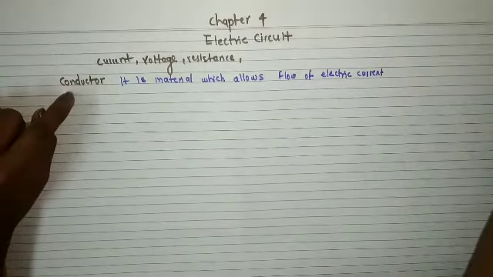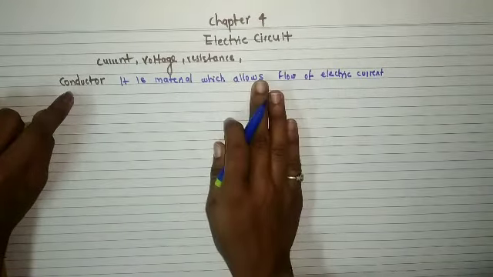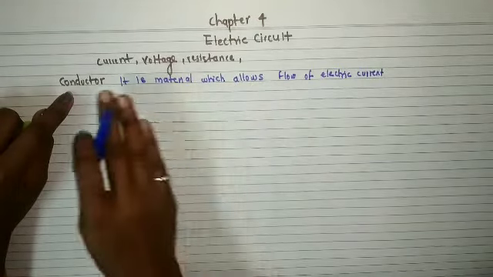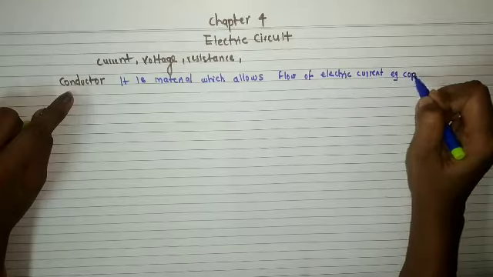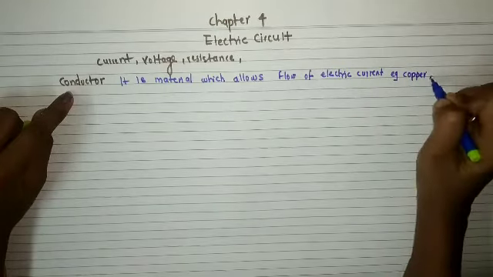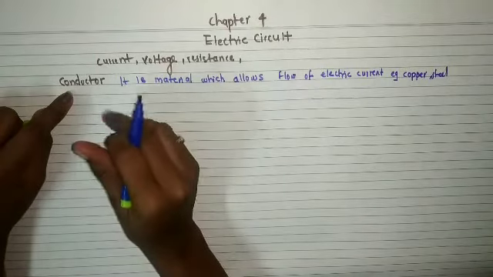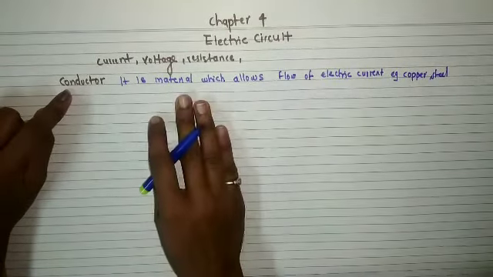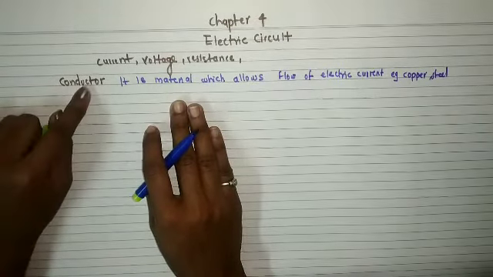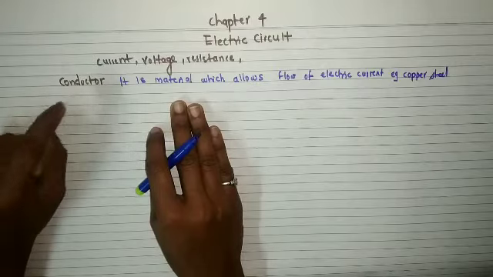So these are conductors that allow the electric current to flow. The examples are copper, steel, gold, silver, etc. But we use copper, aluminium. Gold and silver are not used. So conductor is material which allows the flow of electric current.